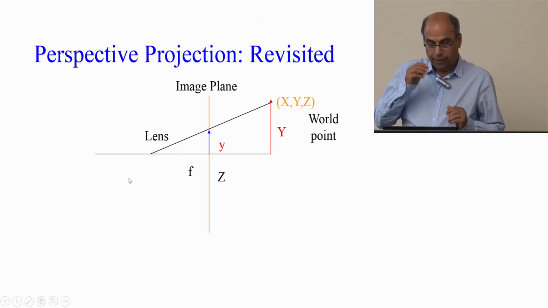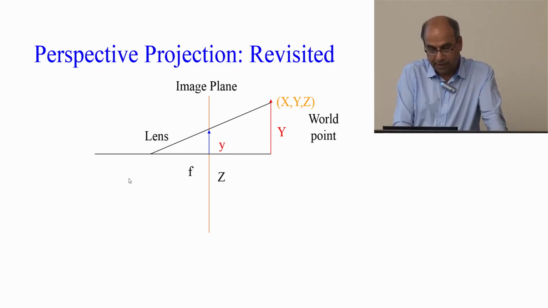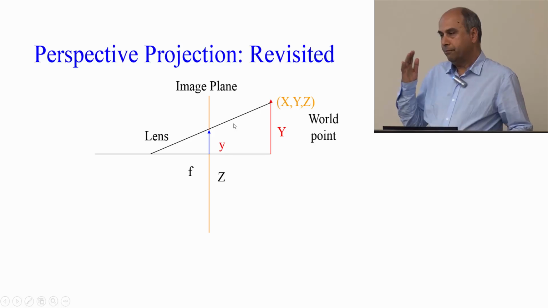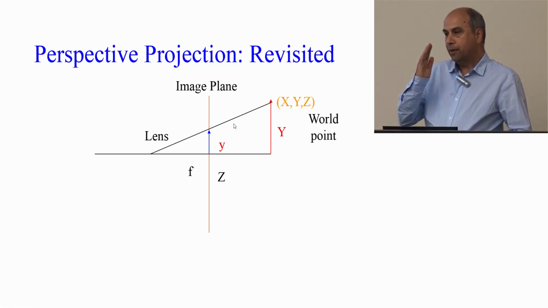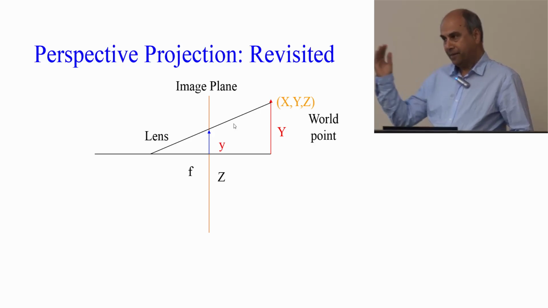So then we also have to put in the perspective projection, and this is your object, and this is the lens, it's here. Just to be consistent, we're going to move the image plane in front of the lens, so that we don't use the minus sign.